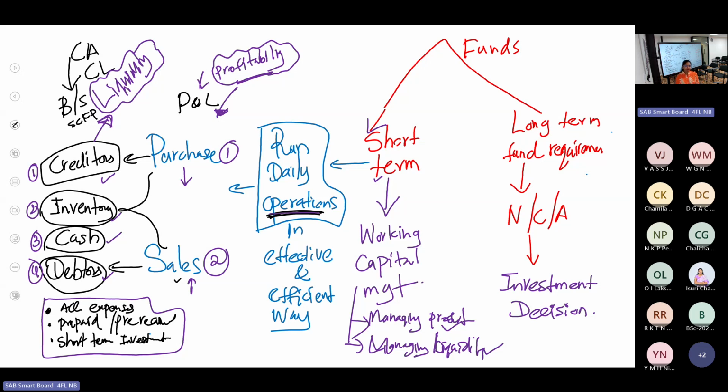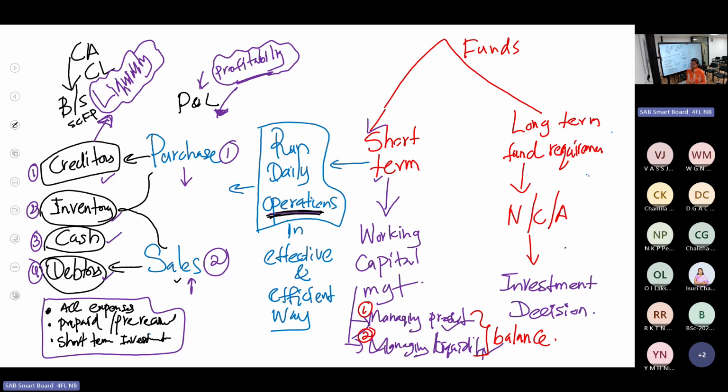As the finance manager, through these working capital management practices, you have to balance these two objectives, the short-term objectives.